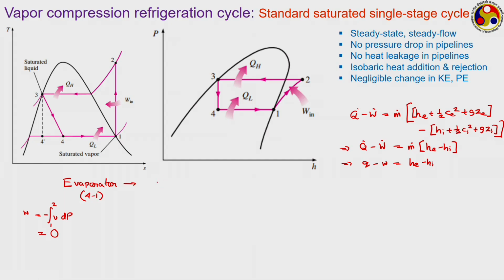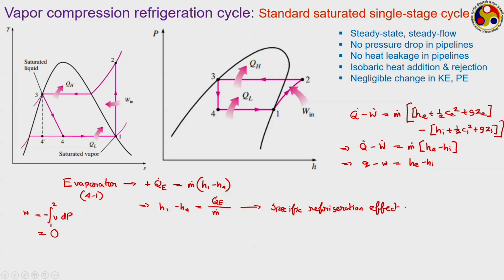So, this can be written as Q dot E, the amount of heat that has been added to the system, so that is positive, equal to m dot into h1 minus h4, or h1 minus h4 equal to Q dot E by m dot, and this particular thing is known as the specific refrigeration effect.